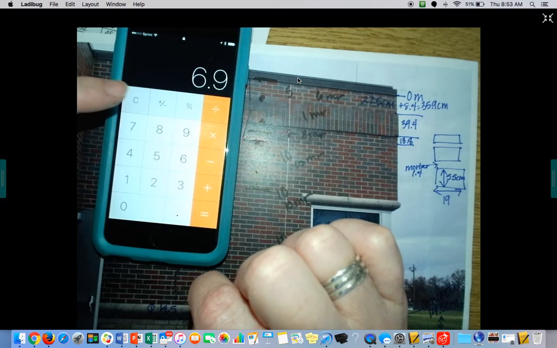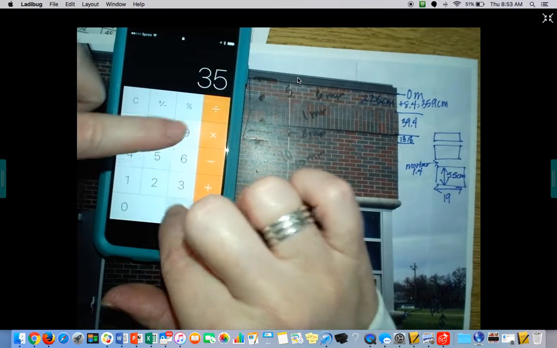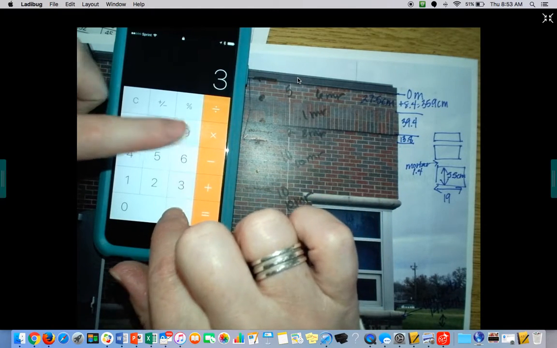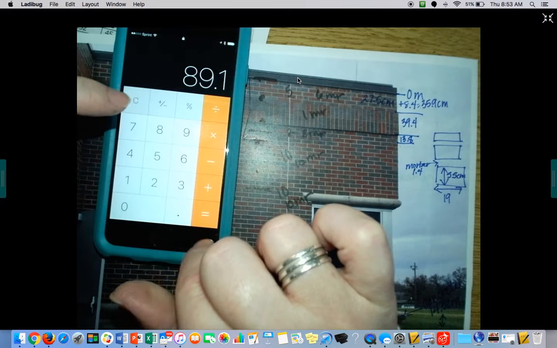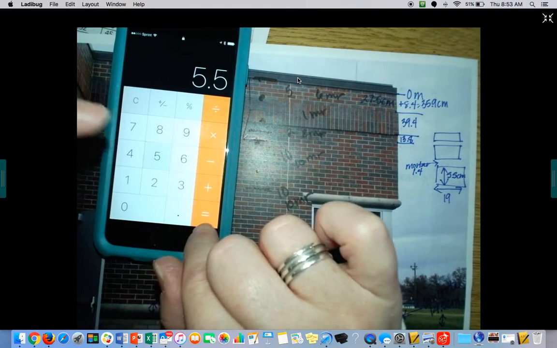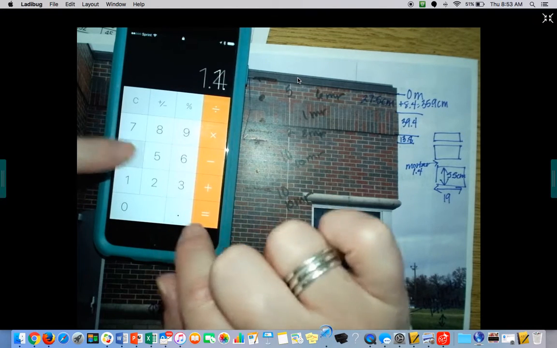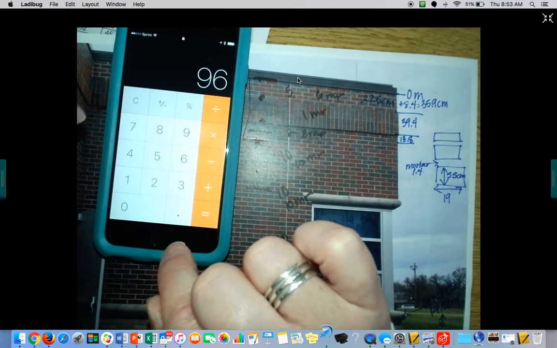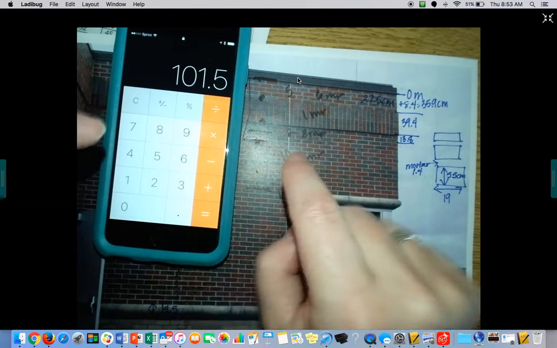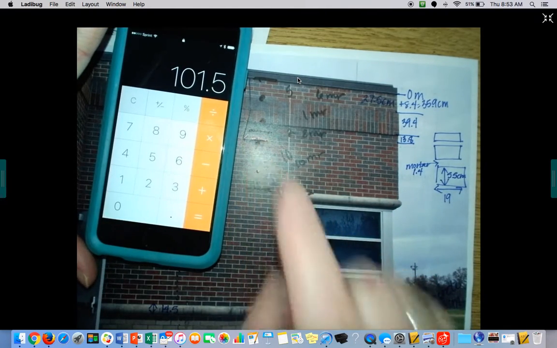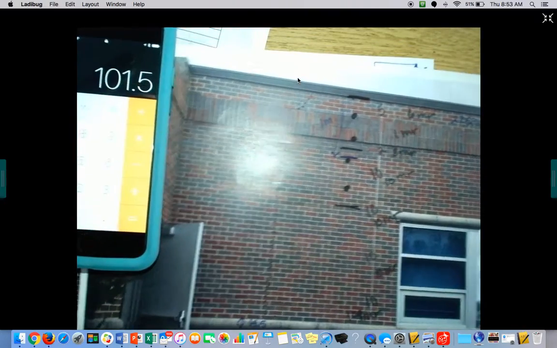So 35.9 plus 39.4 plus 13.8 plus 5.5 plus a row of mortar, 96. So there's 1 more, okay, so 101.5. That's a little bit over a meter, but on my picture I'm not going to be able to get exact.